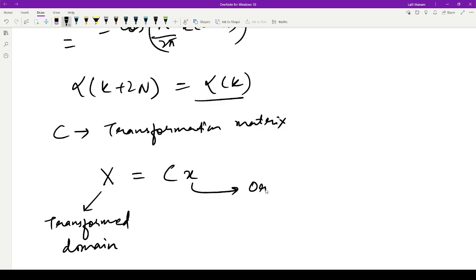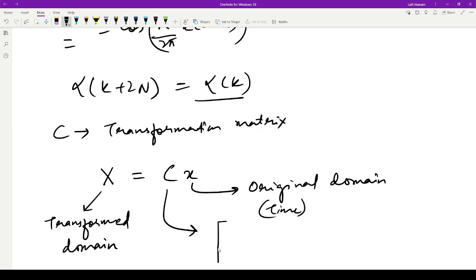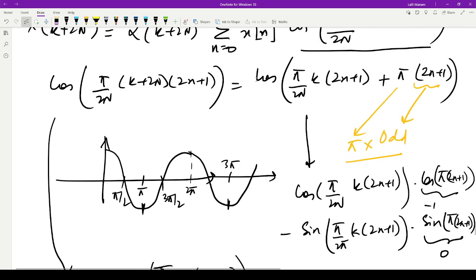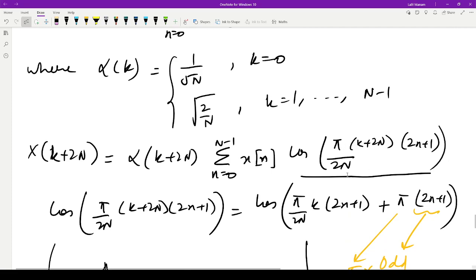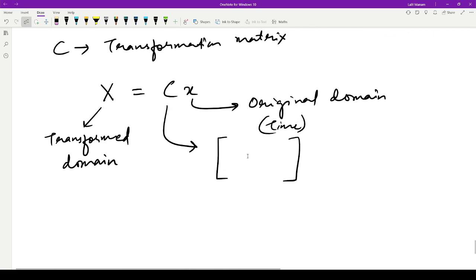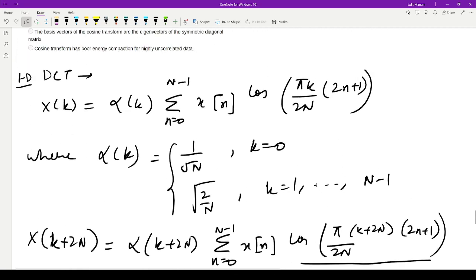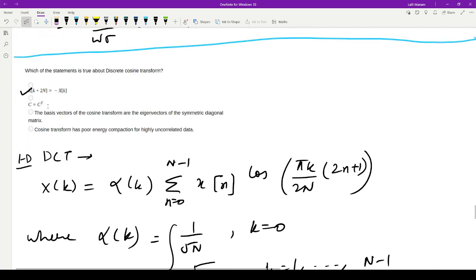X is in the original domain, or the original time domain. So this is the specific matrix that you would have seen constructed using the basis vectors. These basis functions, I will not say vectors. These basis functions, you can use to create the specific matrix. So is C equal to C transpose?